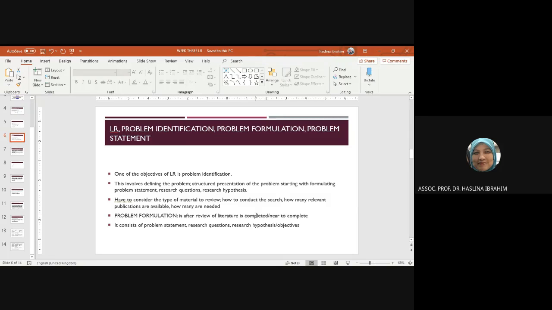For example, one of my research objectives is to understand the meaning of religious pluralism. So my research question would be, what is the definition and meaning of religious pluralism? Okay.